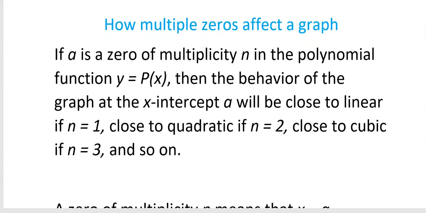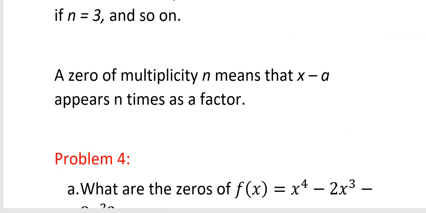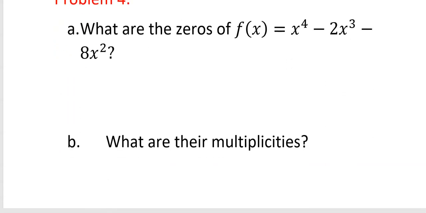If a is a zero of multiplicity n, in the polynomial function y equals p of x, then the behavior of the graph at the x-intercept will be close to linear if n equals 1, close to quadratic if n equals 2, close to cubic if n equals 3, and so on. A zero of multiplicity n means that x minus a appears n times as a factor. So, on problem 4, what are the zeros? So we set it equal to 0.